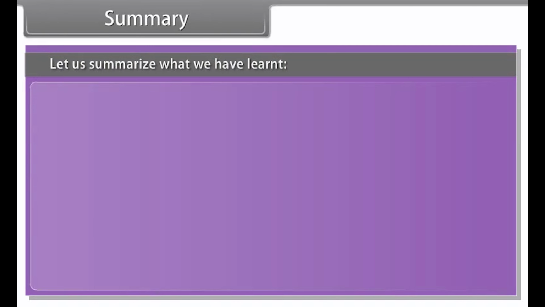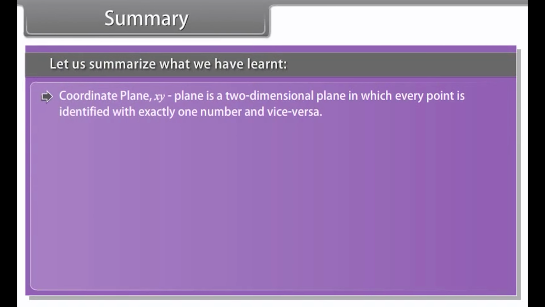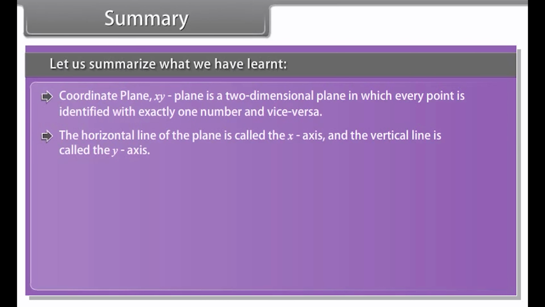Summary. Let us summarize what we have learned. The coordinate plane, the XY plane, is a two-dimensional plane in which every point is identified with exactly one number and vice versa. The horizontal line of the plane is called the x-axis and the vertical line is called the y-axis. The coordinate axes divide the plane into 4 quadrants.